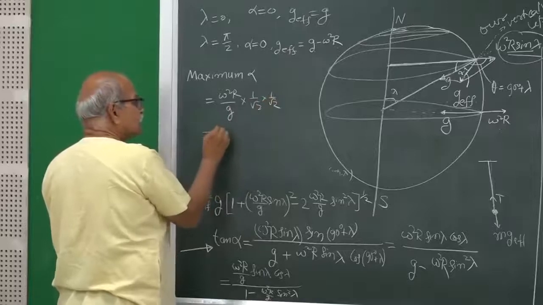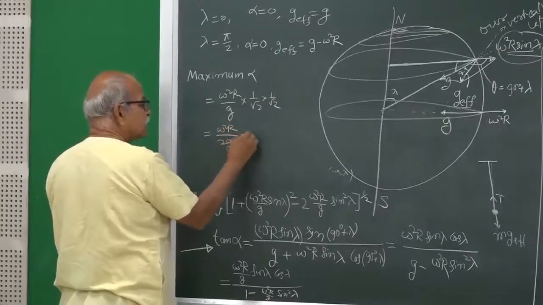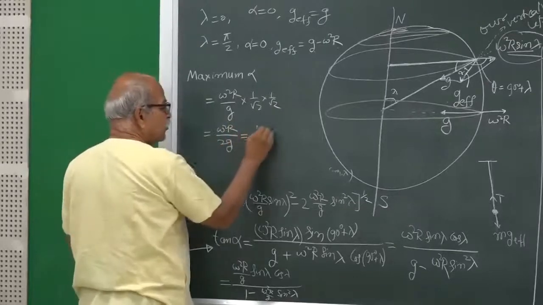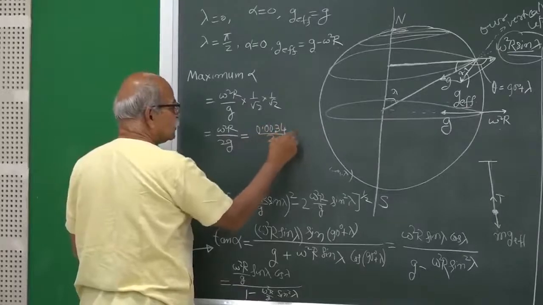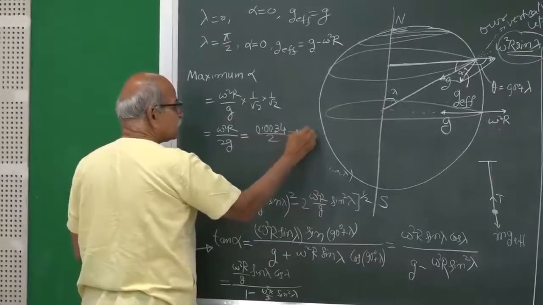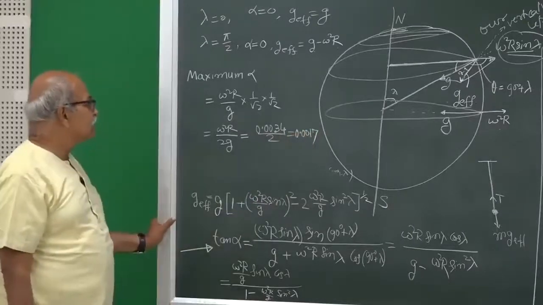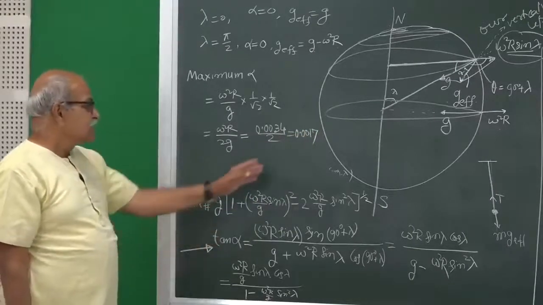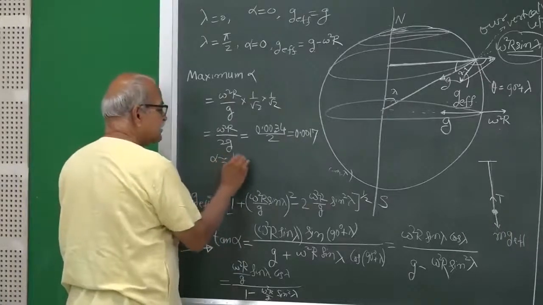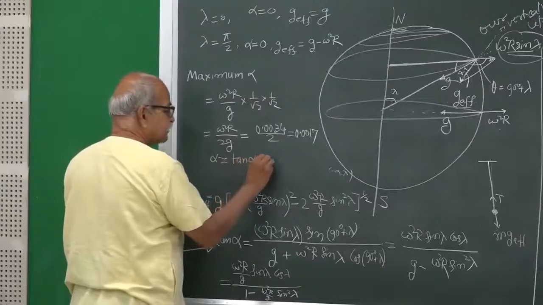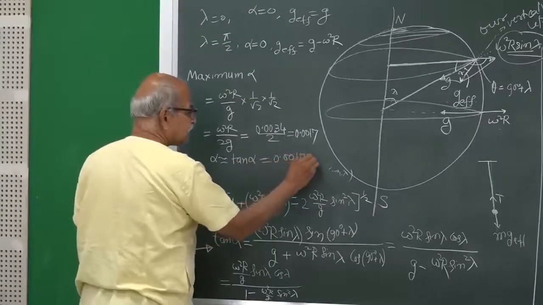So, that will be omega square r by 2g, which is 0.0034 divided by 2, that is 0.0017, a very small number, and this is tan alpha. Since it is a very small number, alpha is almost the same as tan alpha, and therefore this is 0.0017 radian.